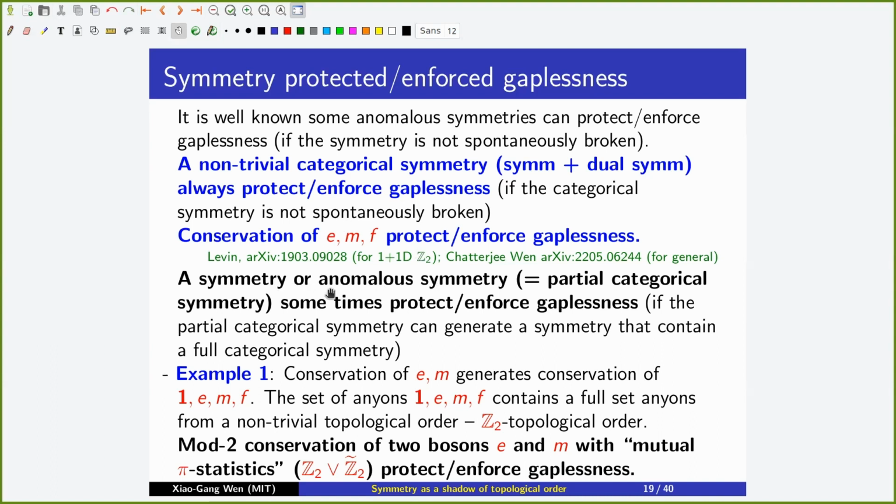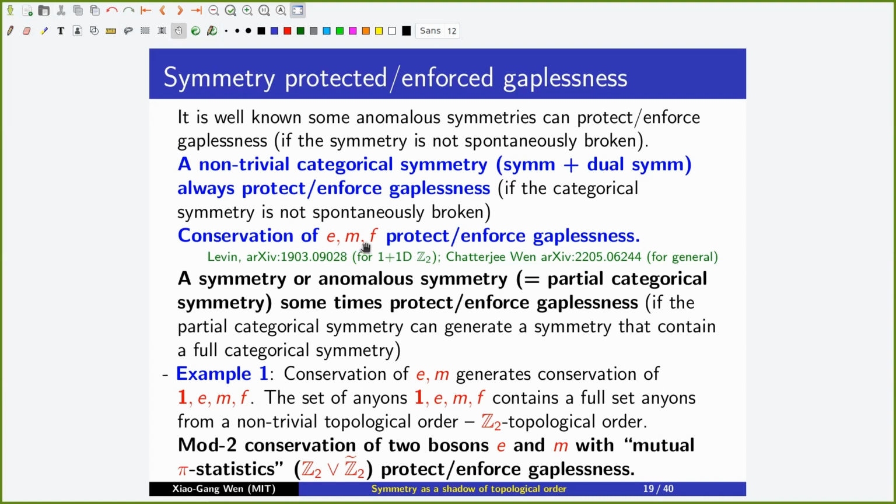We just say if a symmetry, or anomalous symmetry, which corresponds to a partial categorical symmetry, is not spontaneously broken, sometimes that's enough to protect and enforce gaplessness. And when people say certain symmetry or anomalous symmetry can enforce gaplessness, people usually refer to a partial categorical symmetry.